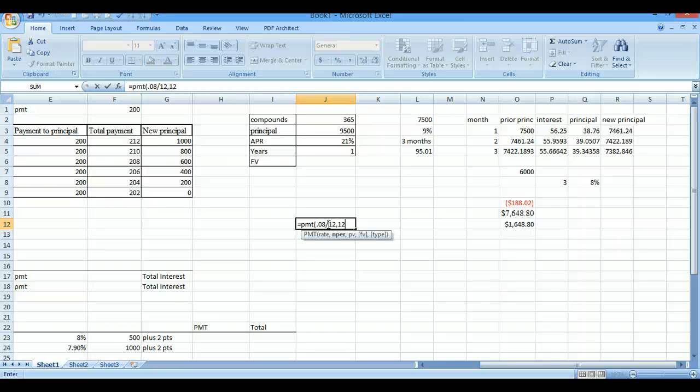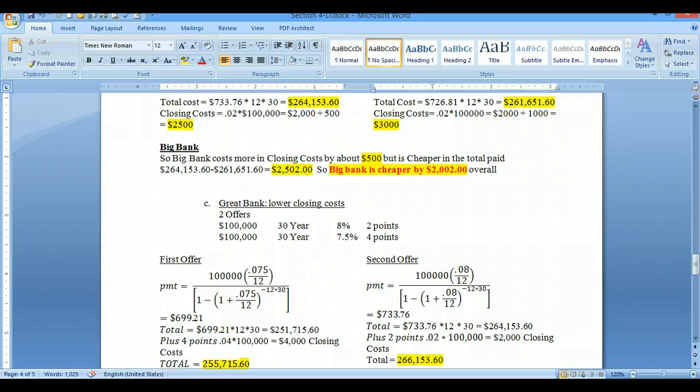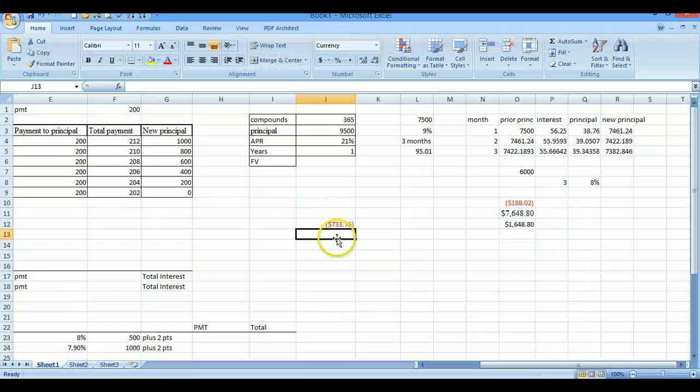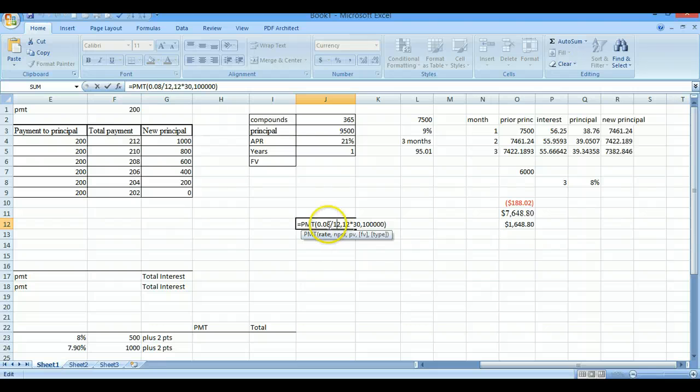We have the number of periods, 12 months in a year times 30 years. The present value is 100,000. Future value we're going to assume is, of course, 0. And so my payment is over here, $733.76.